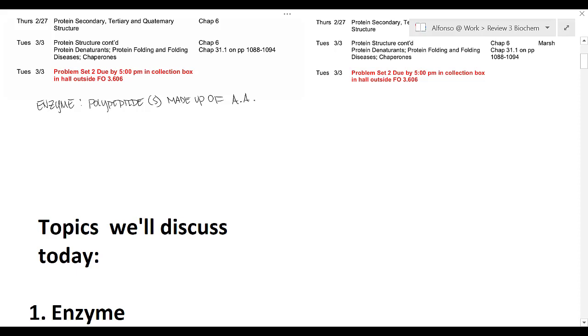So it's a polypeptide, or plural polypeptides, made up of amino acids which catalyze reactions. And this right here means reactions. So it is a polypeptide made up of amino acids which catalyze reactions.